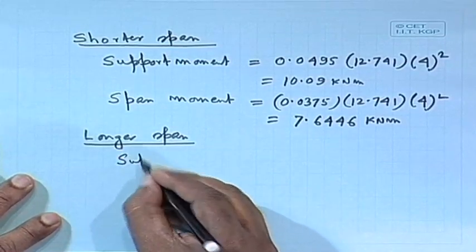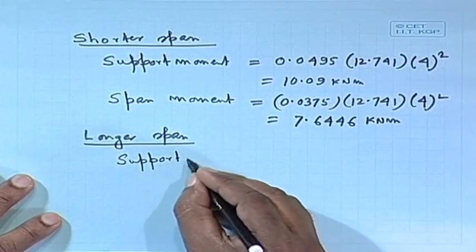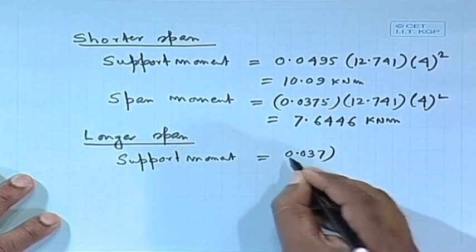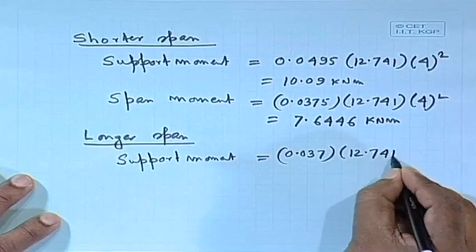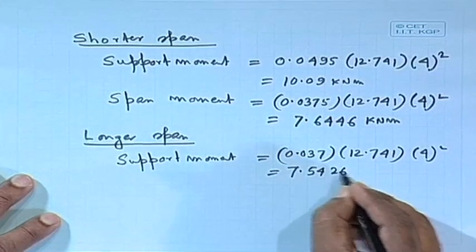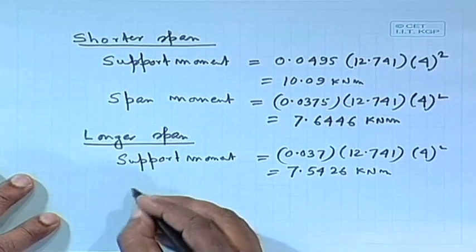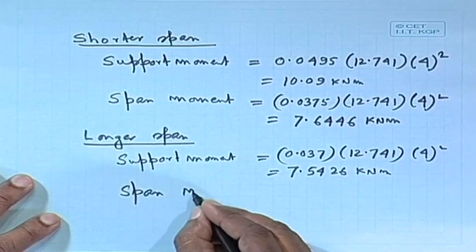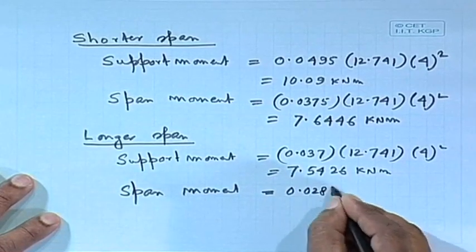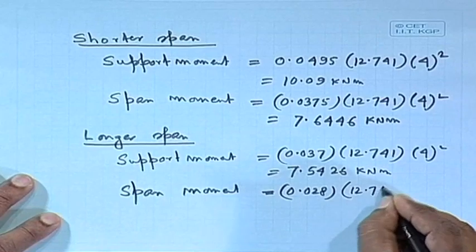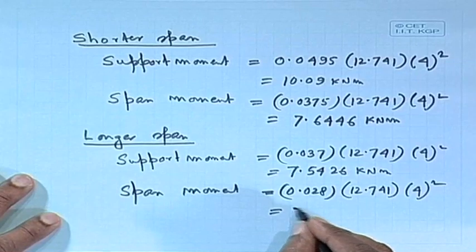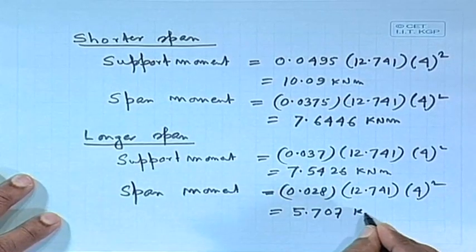What about the longer span? So, support moment, 0.037 times 12.741 times 4 square equals 7.5426 kilonewton meter, and span moment equals 0.028 times 12.741 times 4 square equals 5.707 kilonewton meter.